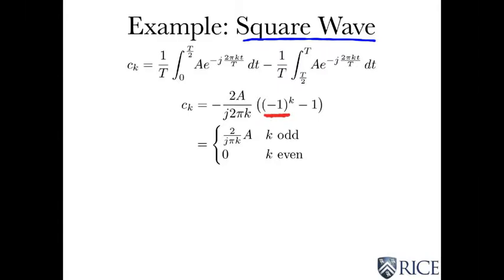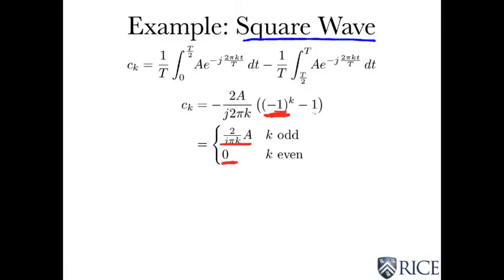You get minus 1, gives you a minus 2, and some things cancel, leaving you with this. Well, when k is even, well, that's 1, and 1 minus 1 is 0, so you always get a 0 here.